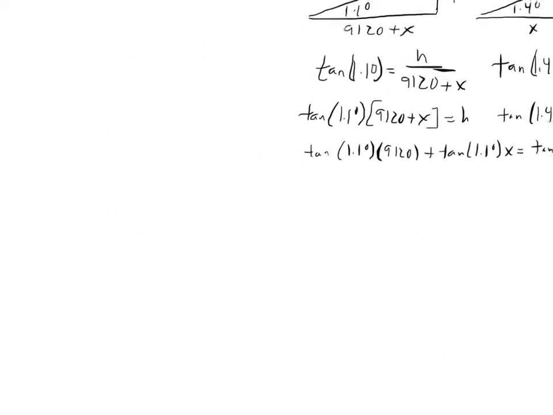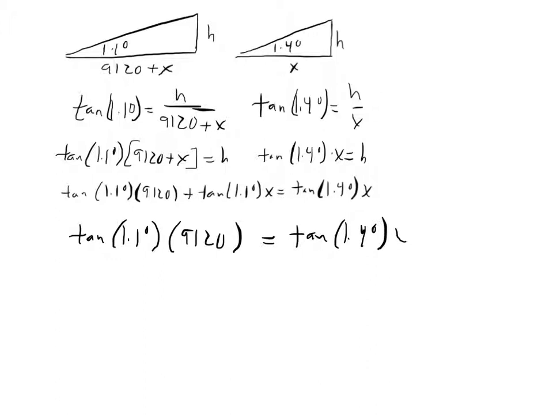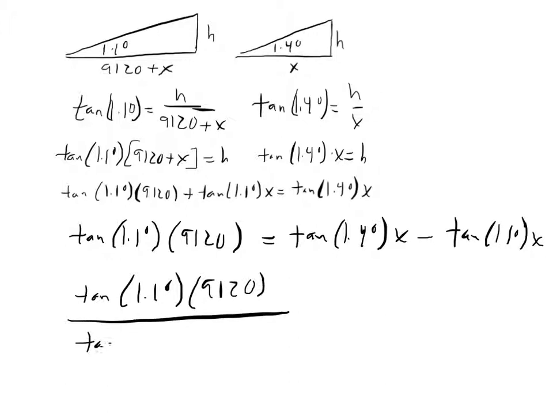I've got the tangent of 1.1 degrees times 9120 equals tangent of 1.4 degrees times X minus tangent of 1.1 degrees times X. Factor an X out, and I get the tangent of 1.1 degrees times 9120, all over tangent of 1.4 minus tangent of 1.1 degrees, equals X. At that point I grab my calculator to get an approximation.